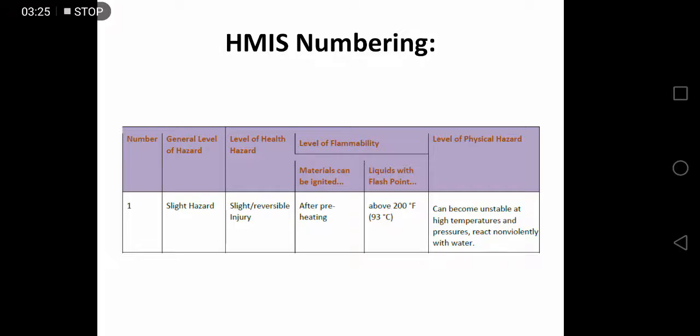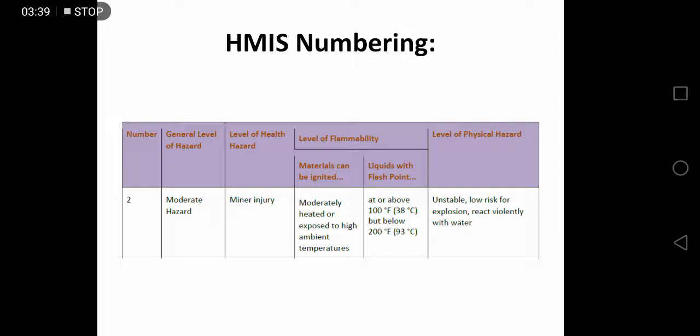And these materials can become unstable at high temperature and pressure and react non-violently with water. Similarly, 2 represents a moderate physical hazard with minor health injury.